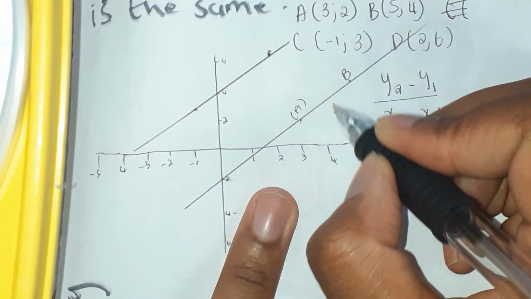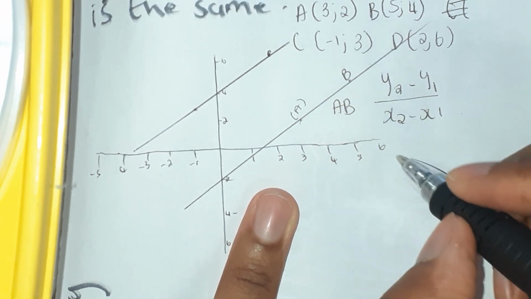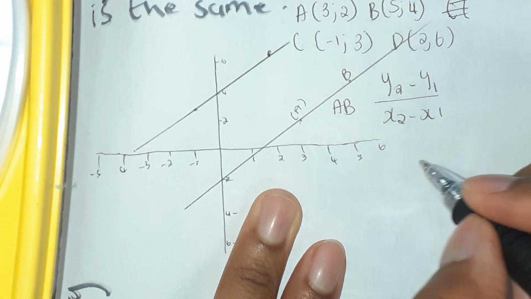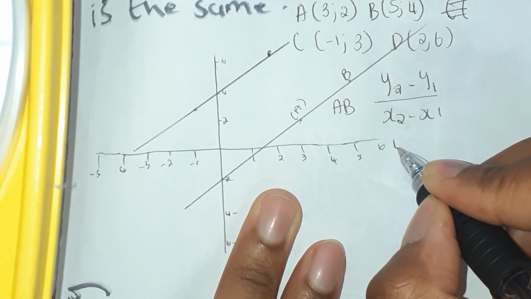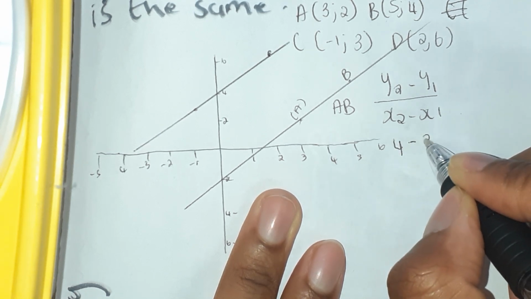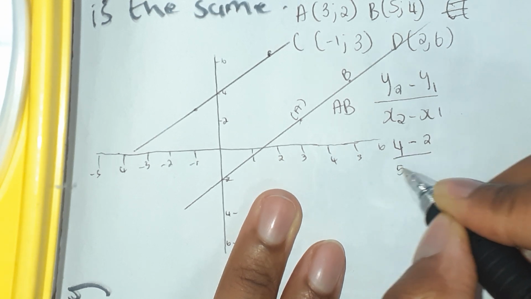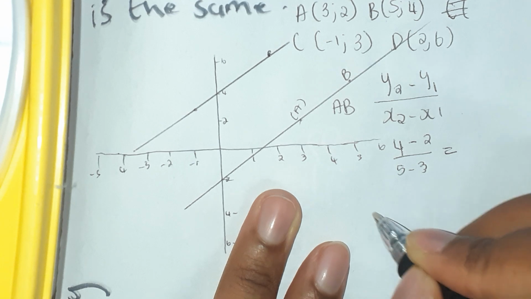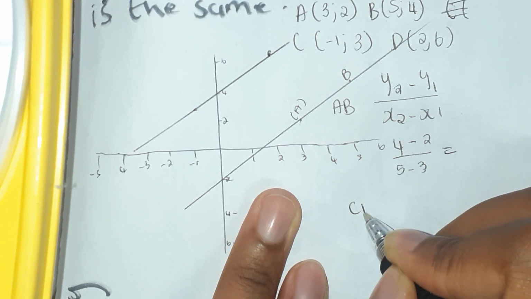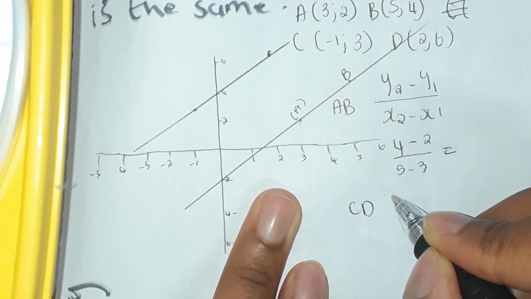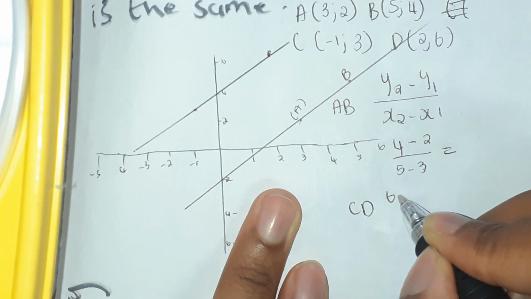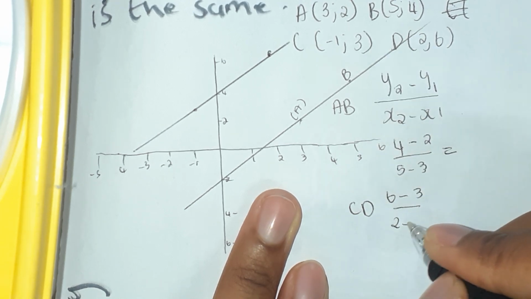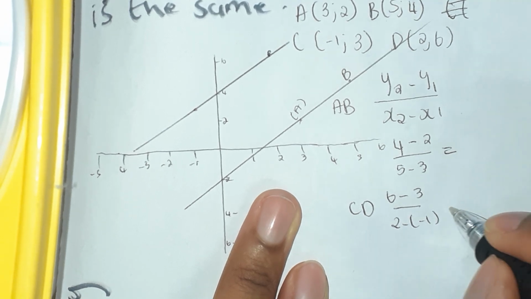So let's do AB first: 4 minus 2 over 5 minus 3, and for CD we substitute 6 minus 3 over 2 minus -1.